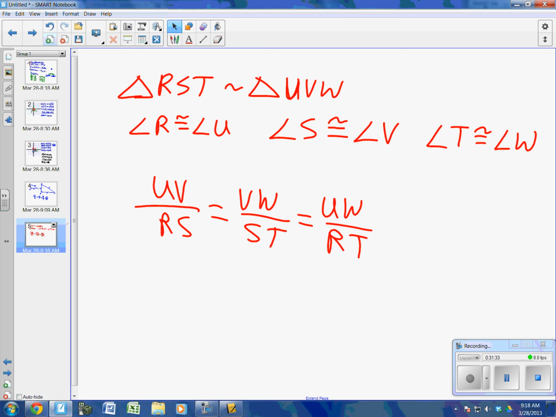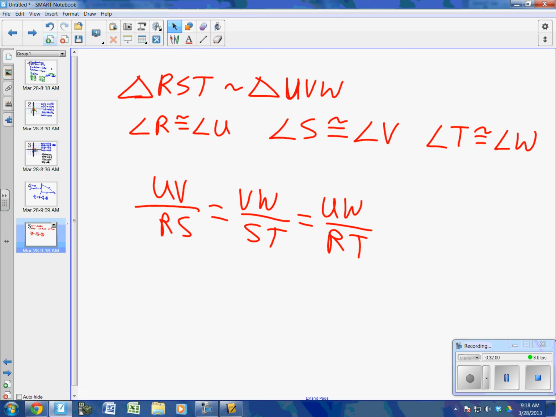Okay, reflect. Suppose the scale factor of the dilation in the sequence of similarity transformations that maps triangle RST to triangle UVW is 4, and suppose RS is equal to 8 millimeters. Explain how to find the length UV. What would we do?